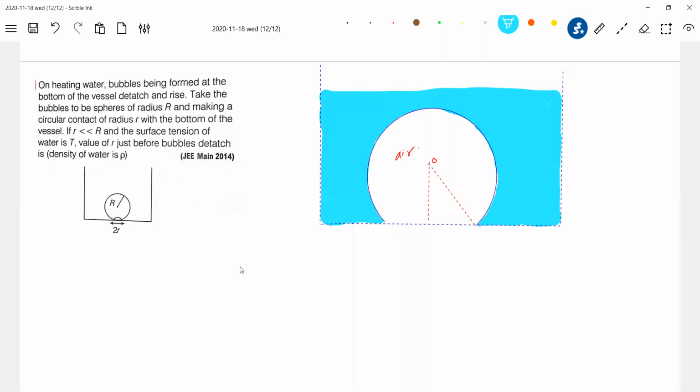Fine. We have density of water is rho. I brought the diagram myself. Let's get into the forces. Buoyant force will definitely act vertically up. This is the bubble surface, an air bubble.